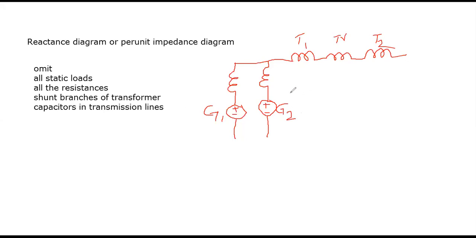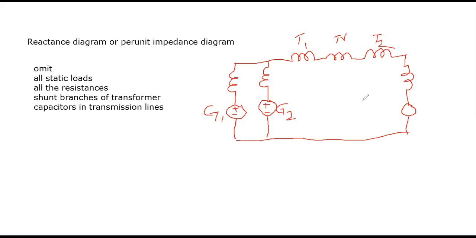So already we have omitted static load A. Now in this case we have omitted static load B also. Now you will have one more generator unit here. Now you just compare. So this is the overall per unit impedance diagram of the single line diagram we have considered for analysis.